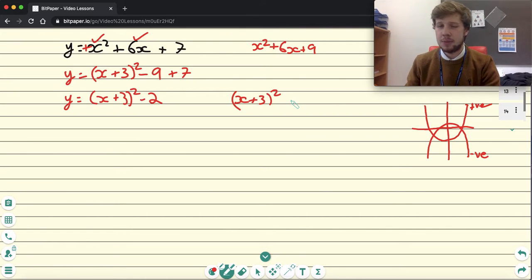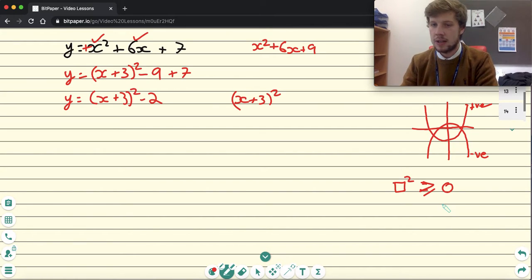So I'm going to think about my square numbers. Every single time I have some value squared, it has got to be greater than or equal to 0. So 1 squared is 1, 5 squared is 25, 10 squared is 100. Likewise, with negative values, negative 2 squared is 4, negative 5 squared is 25, so again, they're all positive.